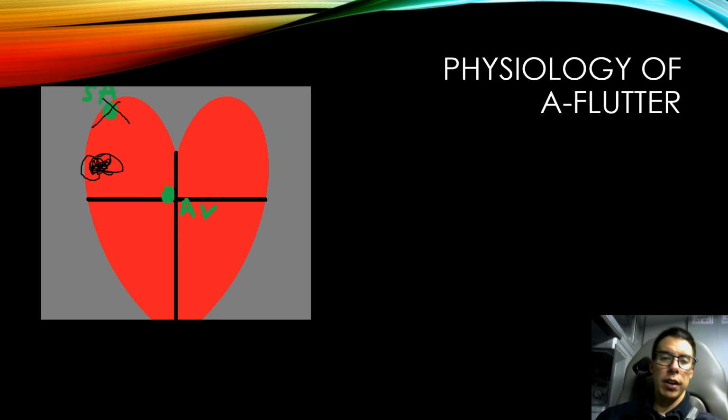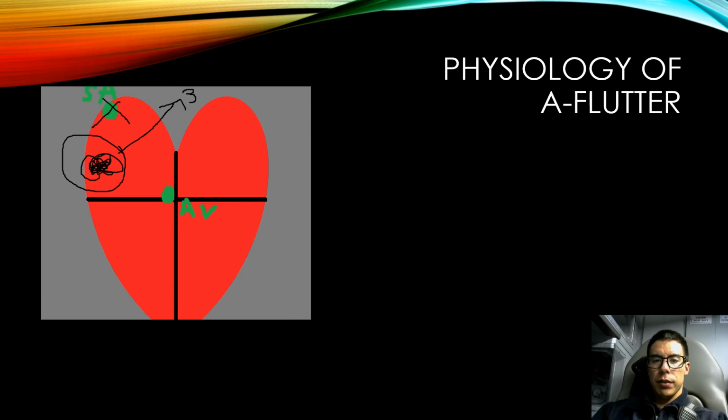So let's say this area is firing P waves at a rate of 300 beats per minute. The AV node knows that 300 is way too fast and not a survivable rate, so we will go into cardiac arrest and die if it does that.